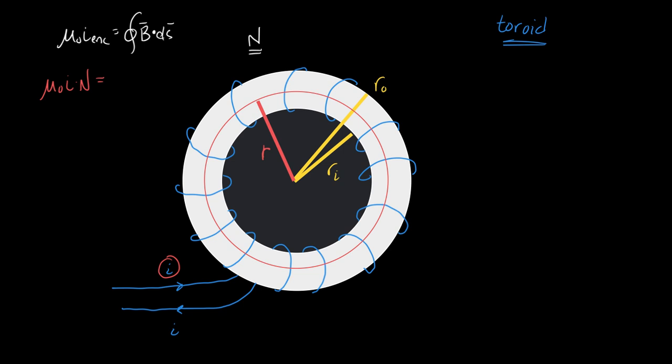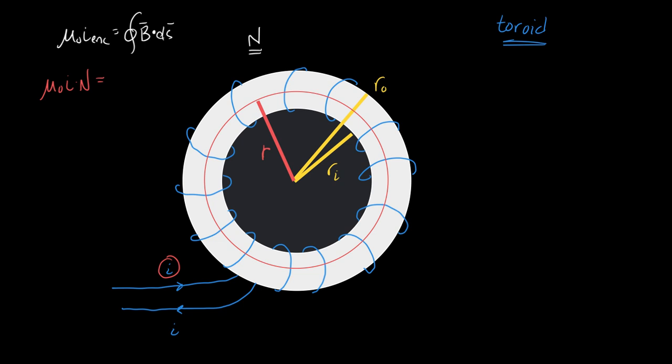What direction do you think the magnetic field is? We don't know from the current. The current is drawn in an ambiguous kind of way. But can't we decide which direction we go around the loop? If the magnetic field is clockwise, we'll just go around our Amperian loop clockwise. If the magnetic field is counterclockwise, we'll just go around our Amperian loop counterclockwise.